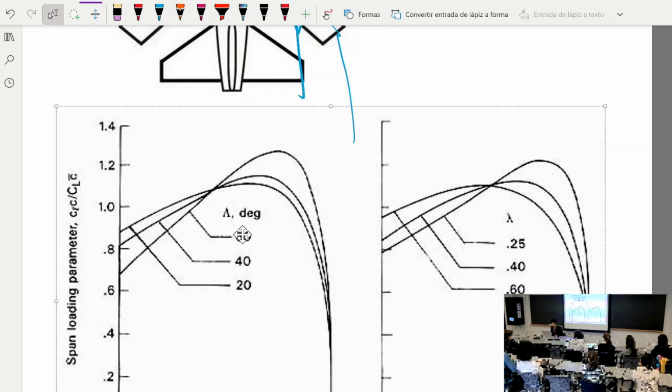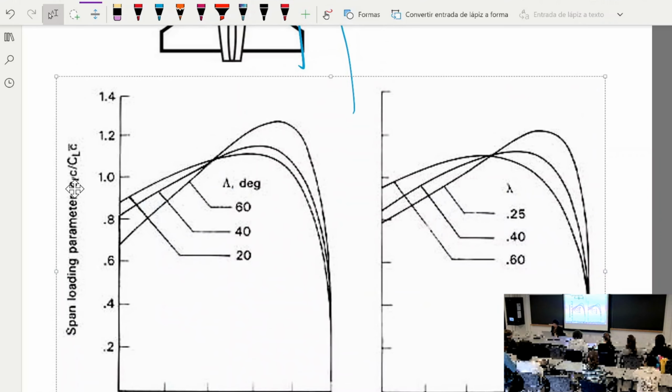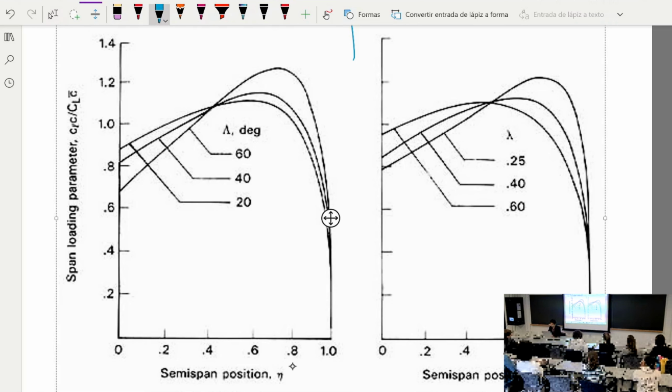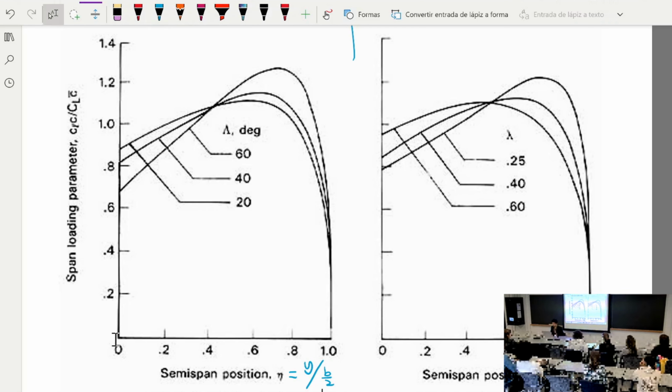this is a picture of the local lift coefficient as a function of the semi-span position. Semi-span position is equal to y divided by half b, right? So 0 means I'm at the center of the fuselage. 1 means I'm at the wingtip.